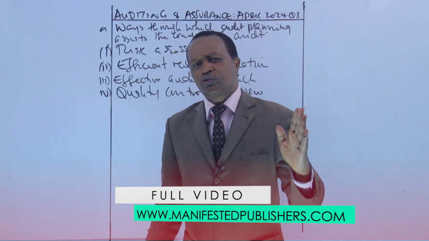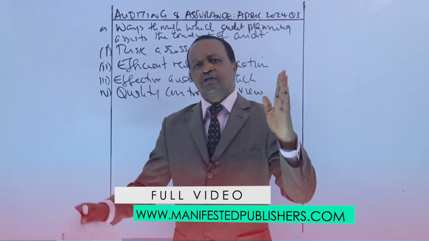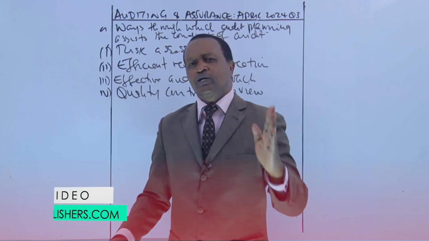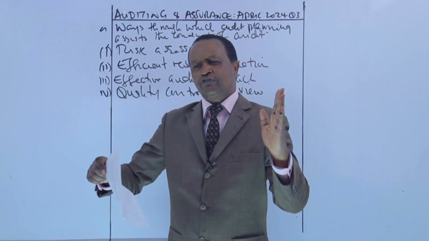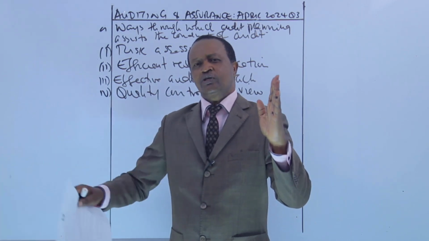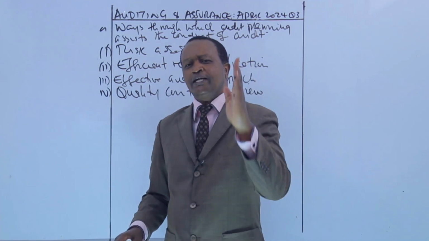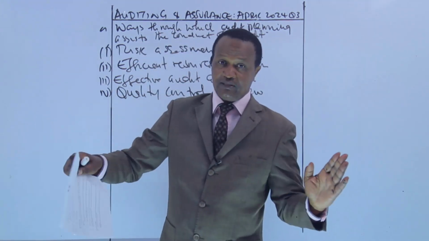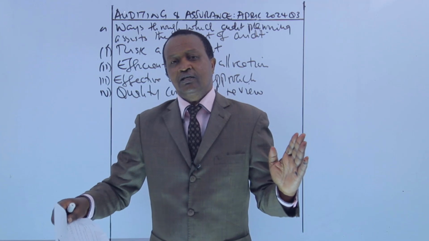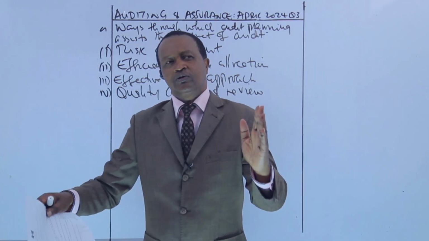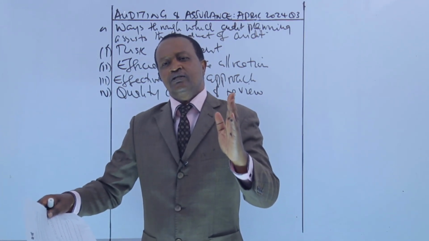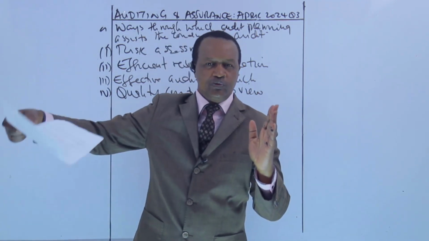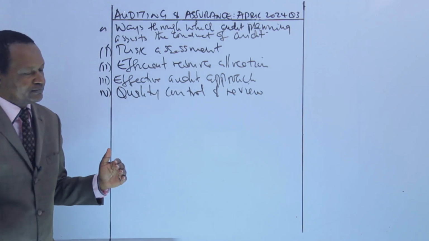So to control means to measure actual performance vis-a-vis the standard, the benchmark, what is required. So you measure if what has been done is actually what was planned to be done. So a plan is like a standard of what has to be done. It doesn't matter the activity, but specifically when we come to auditing, an audit plan facilitates the quality control and review throughout the audit process.